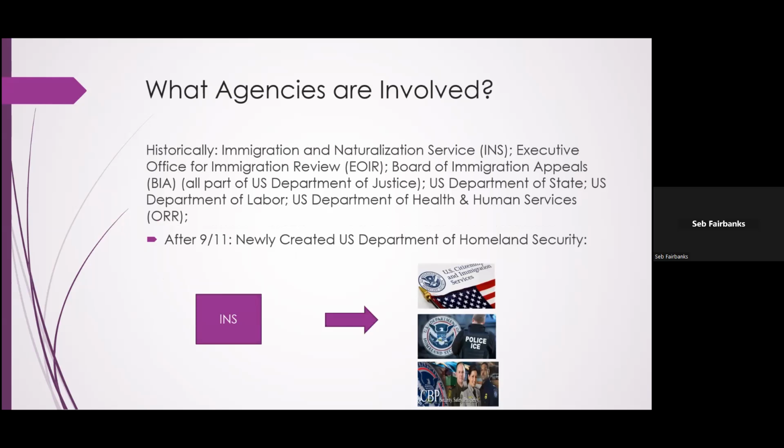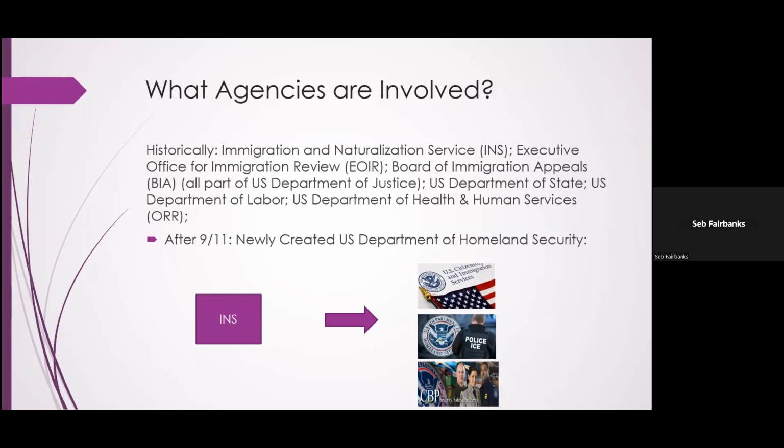What agencies are involved? So historically, the Immigration and Naturalization Service, which is known as INS, is involved. There's also the Executive Office for Immigration Review, which is known as EOIR. That's like courts, okay?